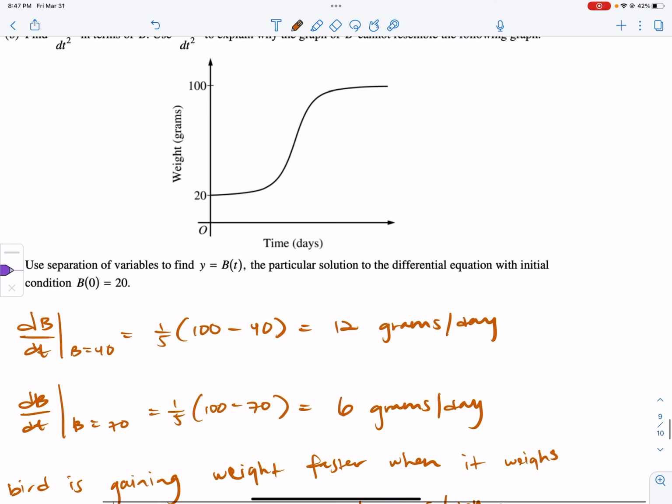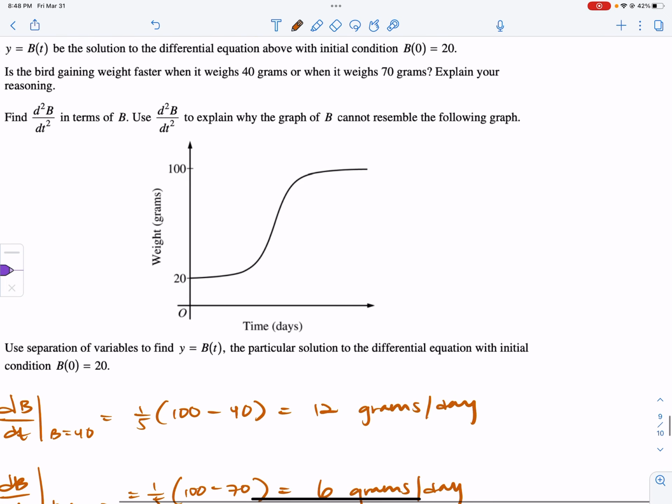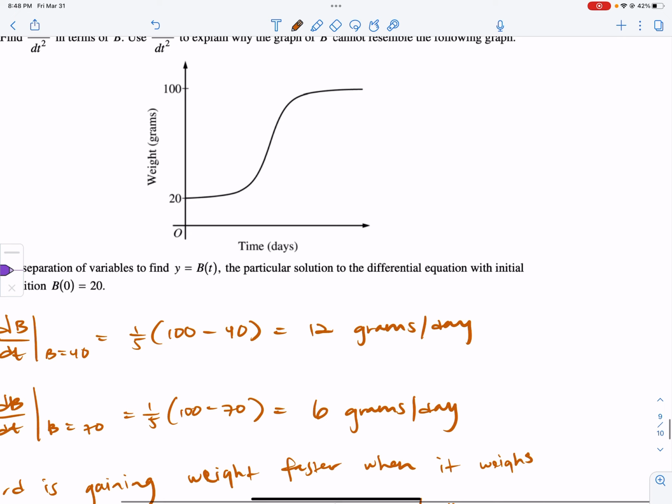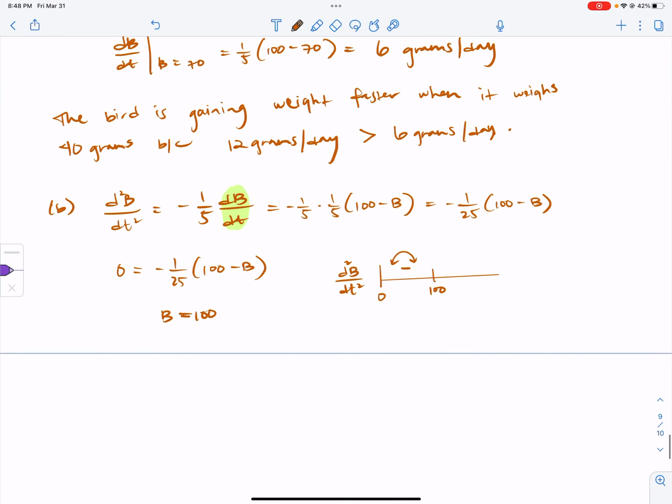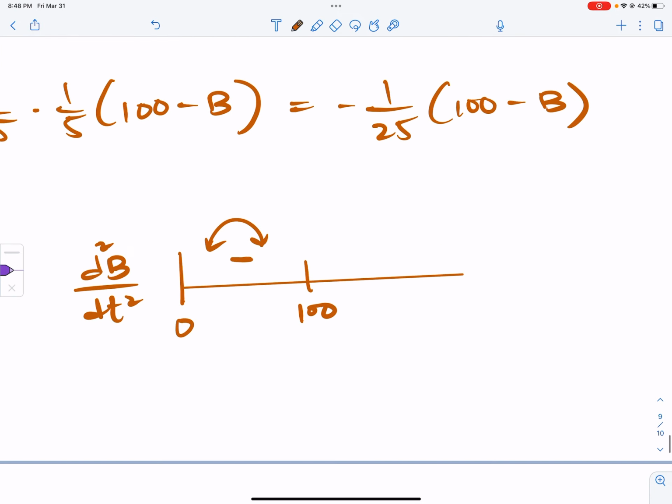No, it looks like for B between 20 and 100, there's actually an interval where the graph is concave up, not concave down. And to the right of 100, for B greater than 100, it would be concave up, because the second derivative would be positive.